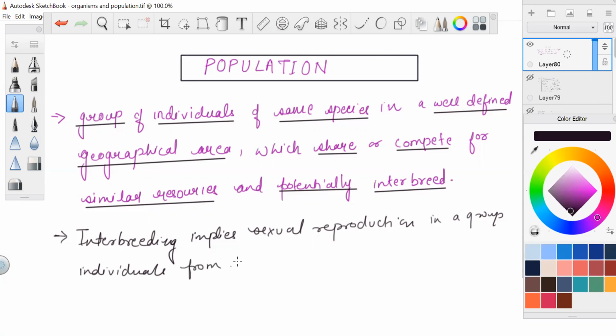Even individuals from asexual reproduction are generally considered a population.